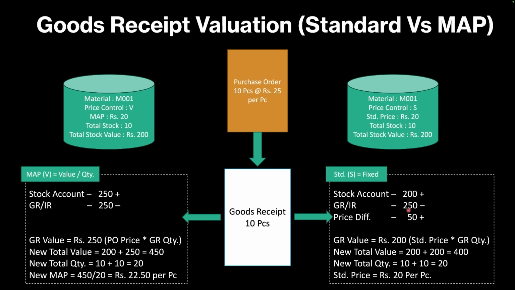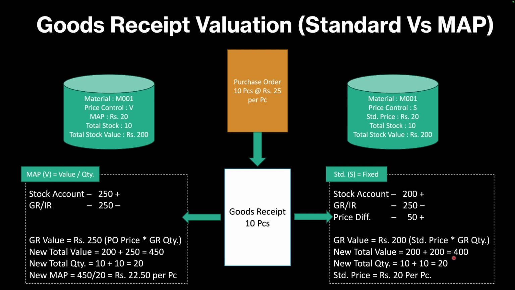The differential amount is posted in the price difference account. Because of the standard price control, system cannot post this PO price to your inventory, so it posts 200 rupees only, and the differential amount goes to the price difference account. And finally, the standard price will remain the same at 20 rupees per piece.